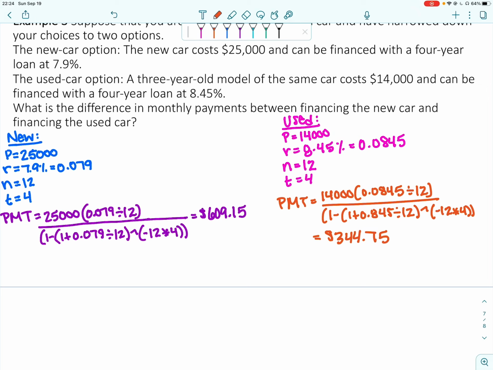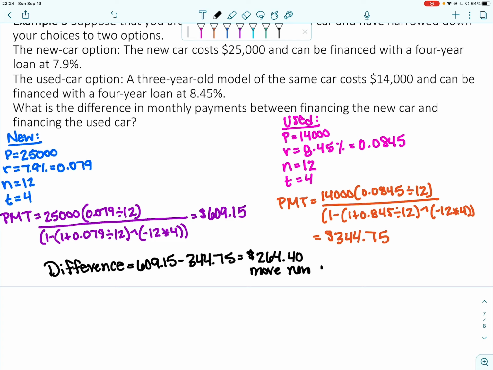So the difference in monthly payments: the new car has a monthly payment that is $264.40 more.